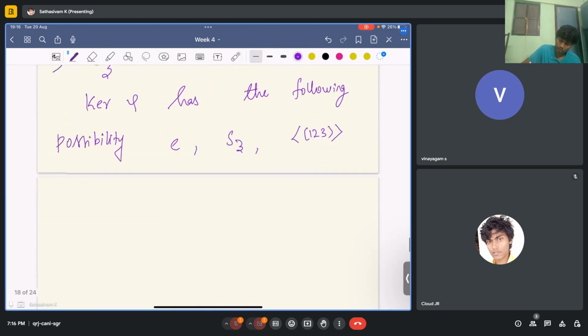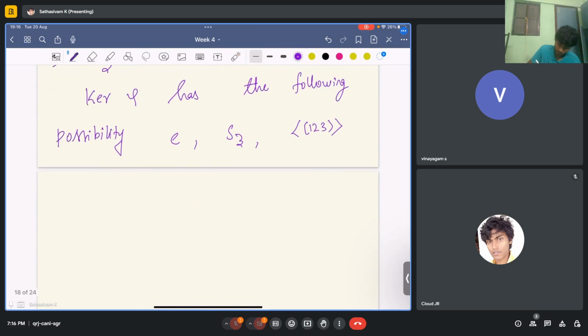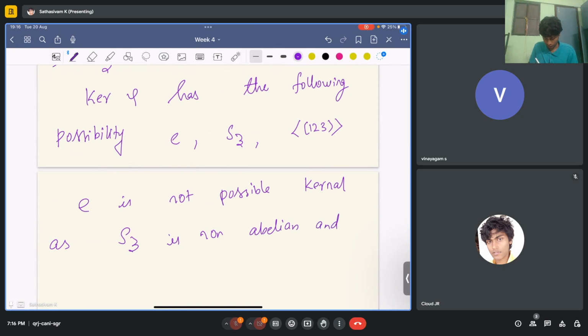So you check: the identity is not possible as a kernel, because S3 is a non-abelian group and this is an abelian group.